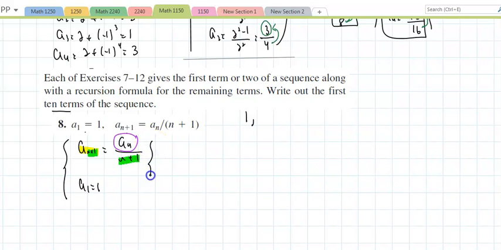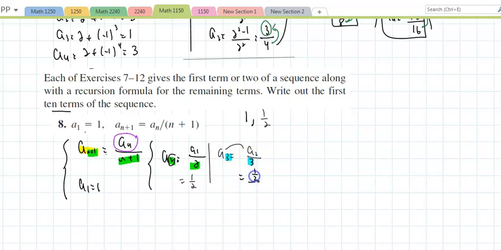What's the second term? If I want to look at the second term, according to the formula, that's the first term divided by, again, whatever this number is, let me match the colors. Here we go. And isn't that 1/2? Now, what's a sub 3? Well, a sub 3 is the previous term, a sub 2, divided by whatever the denominator is.